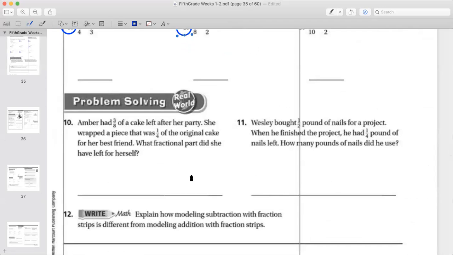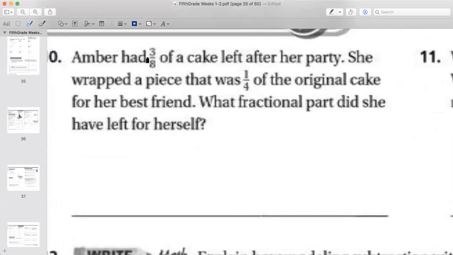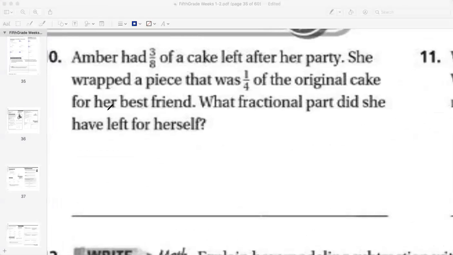What fractional part did she have left for herself? So I'll do this one with you. So what they're doing is she's had 3/8 left, but then she took and she wrapped up 1/4 of that for her friend, so we want to know what's left for her.